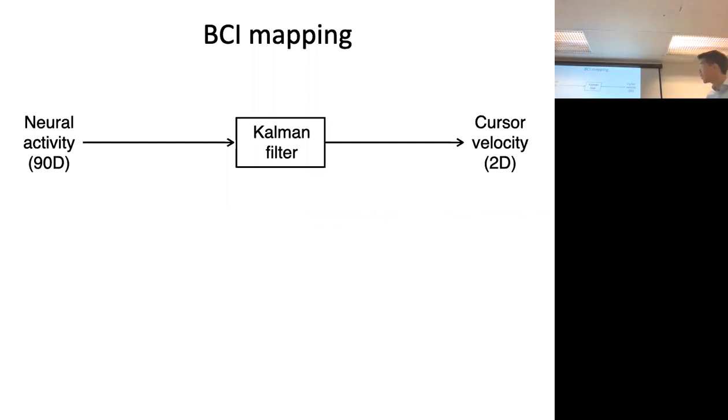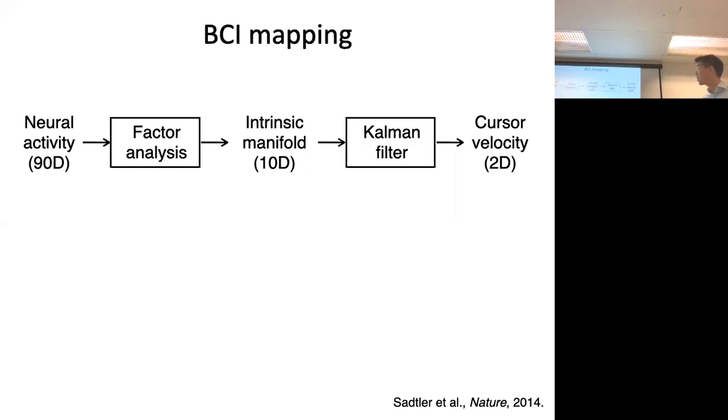For the purposes of this experiment, we inserted factor analysis as a pre-processing stage on the neural activity to allow us to disambiguate between these two different types of switched mappings.